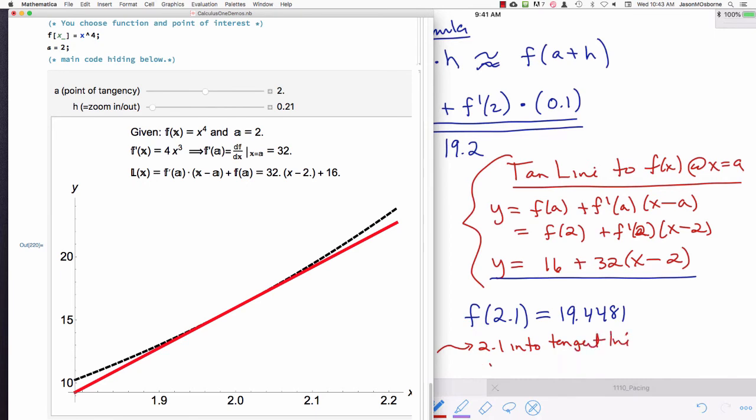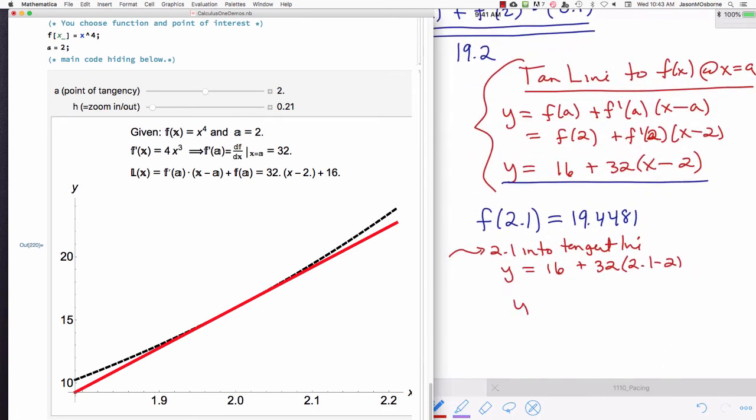If you put 2.1 into the tangent line, you get 16 plus 32 times 2.1 minus 2, which is y equals 16 plus 32 times 0.1, which should look very familiar to you as f of 2 plus f prime of 2 times h. 0.1 was your h value.